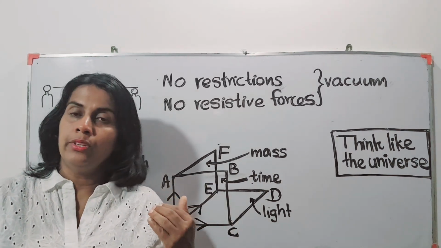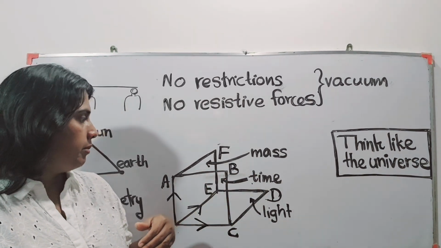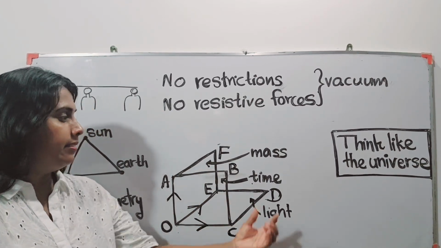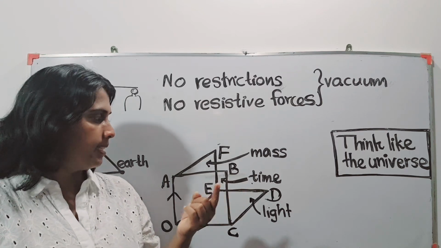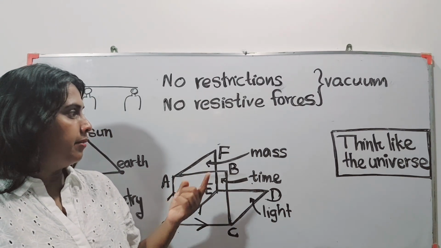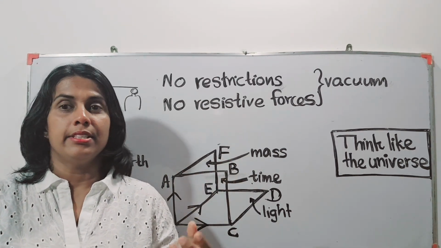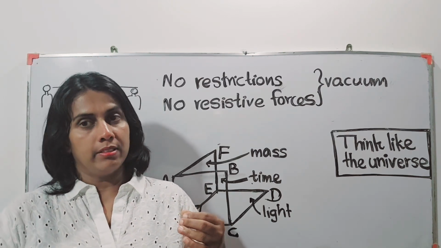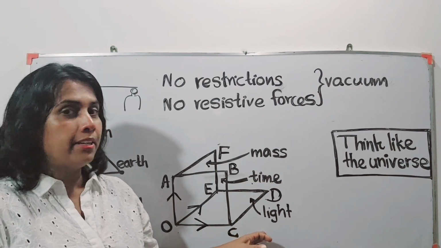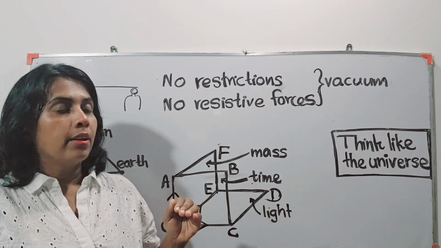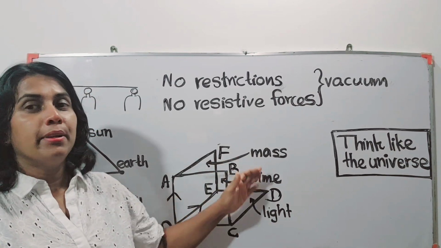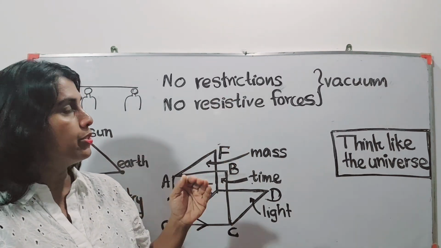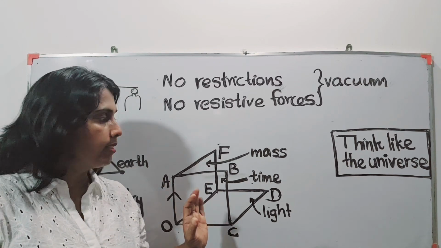There's no motion at the universe's origin here, because all these things are happening in a vacuum, and this is independent time, everlasting time. And mass is also independent here. It's collecting things in the universe. So all these three things are independent from each other and exist in a vacuum, hence no restrictions or resistive forces to obstruct this creation.